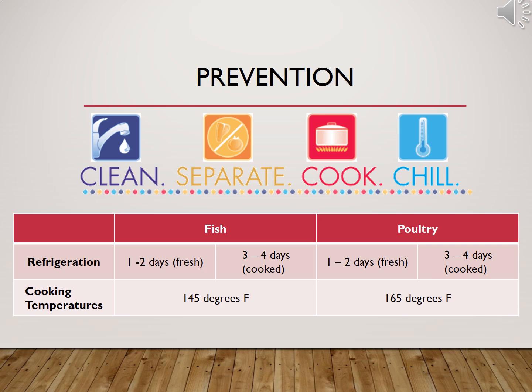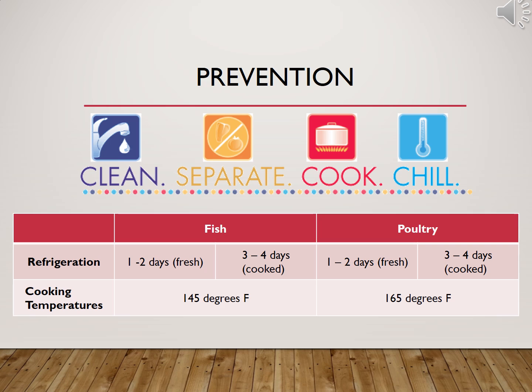Always separate raw meats from ready-to-eat foods, because raw meats, through simply touching ready-to-eat foods, can transfer microorganisms which can contaminate those foods, even if those foods are not generally susceptible to that type of microorganism contamination.